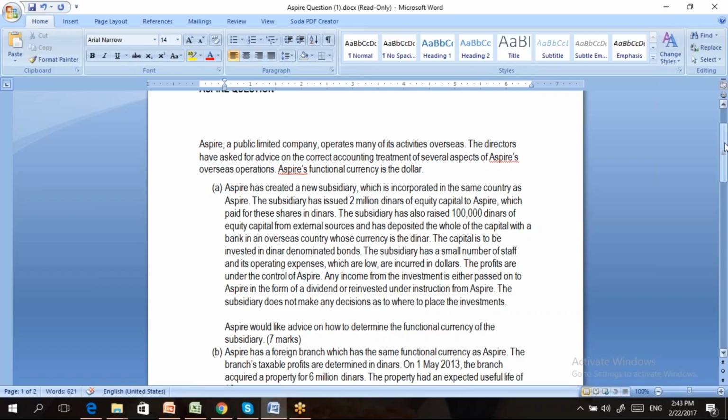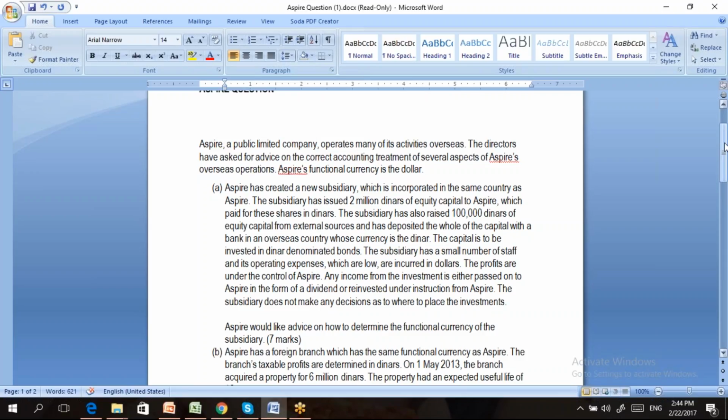and deposited the whole capital with a bank in an overseas country whose currency is the dinar. Now, can you see what they are doing? They have formed a company, let's assume in the UK, but the currency in which they are going to deal is dinars.